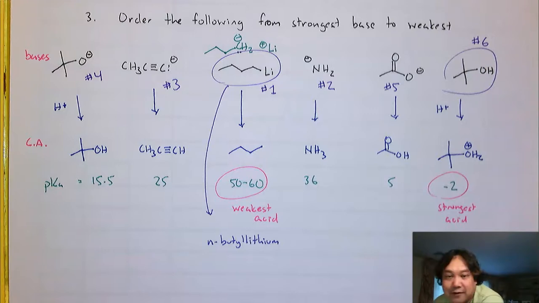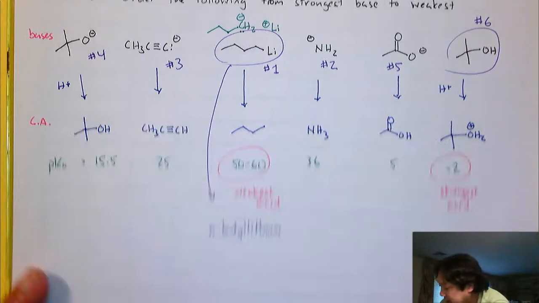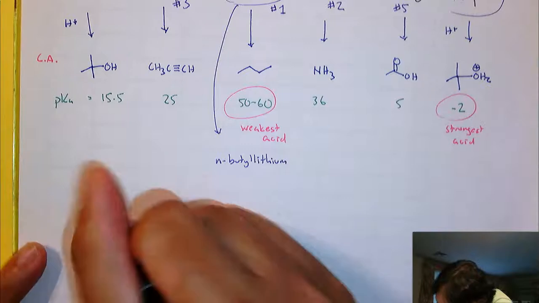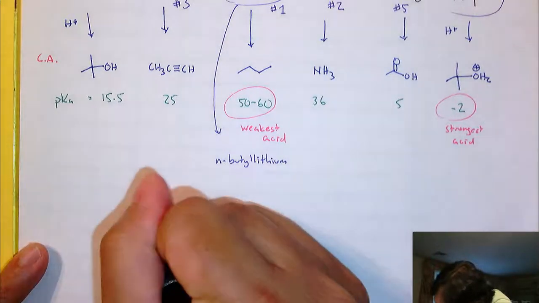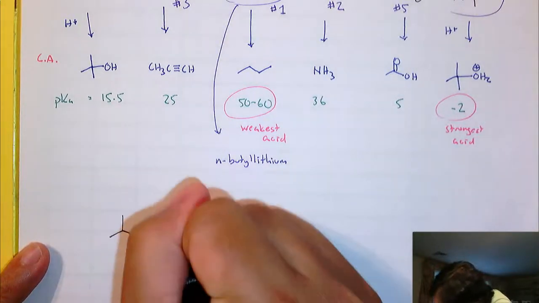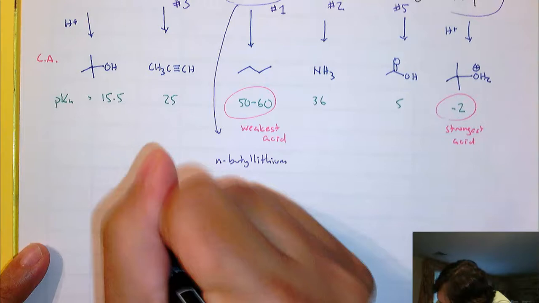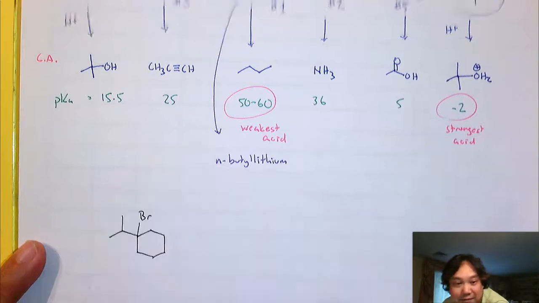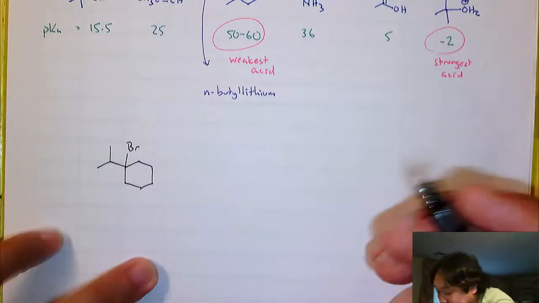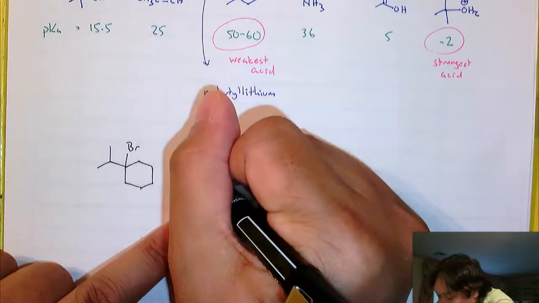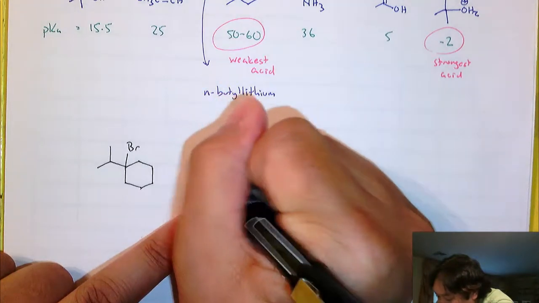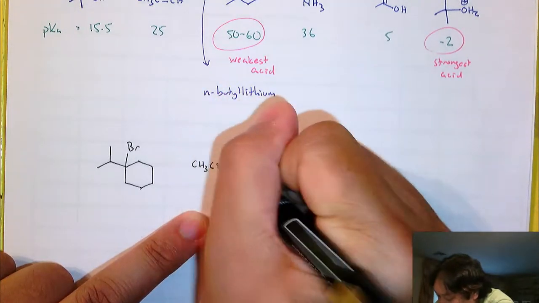The take-home lesson here is, if I have something like this, let's see if we know how to draw the products here, like that. And I'm going to use a strong base, a base that typically you don't see used, and it's this one.